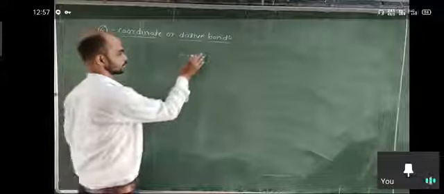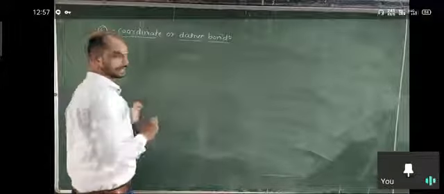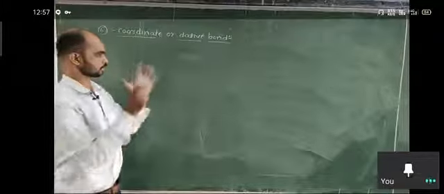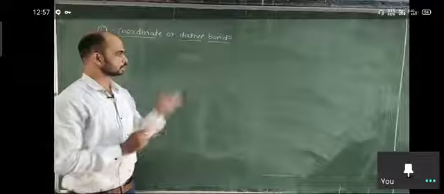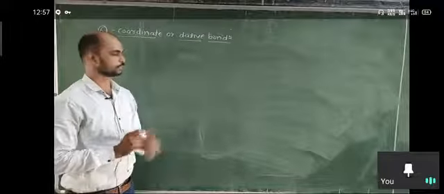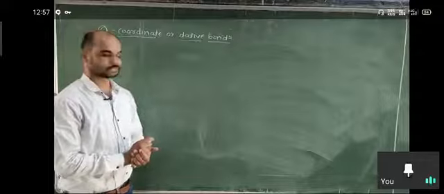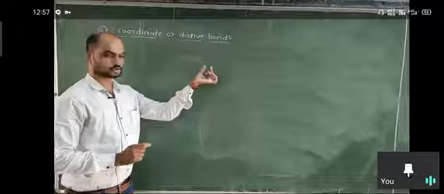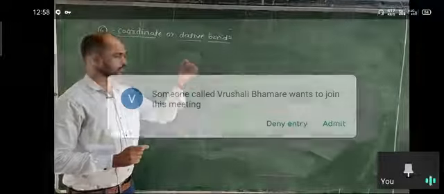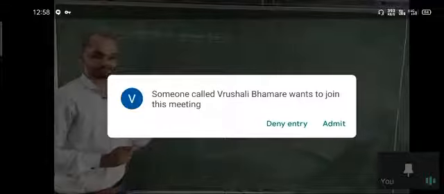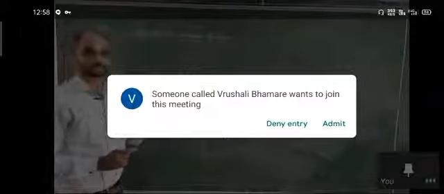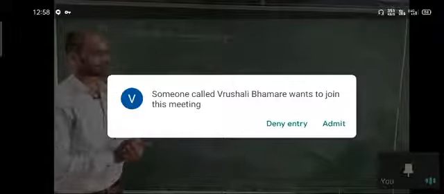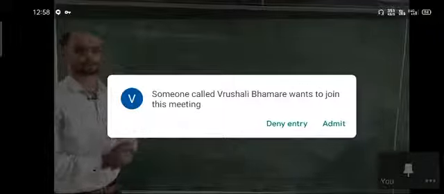What is the definition? When two atoms are linked together, the bond formed between them is such that the electrons are donated or shared by only one atom out of the two atoms, called a coordinate bond.